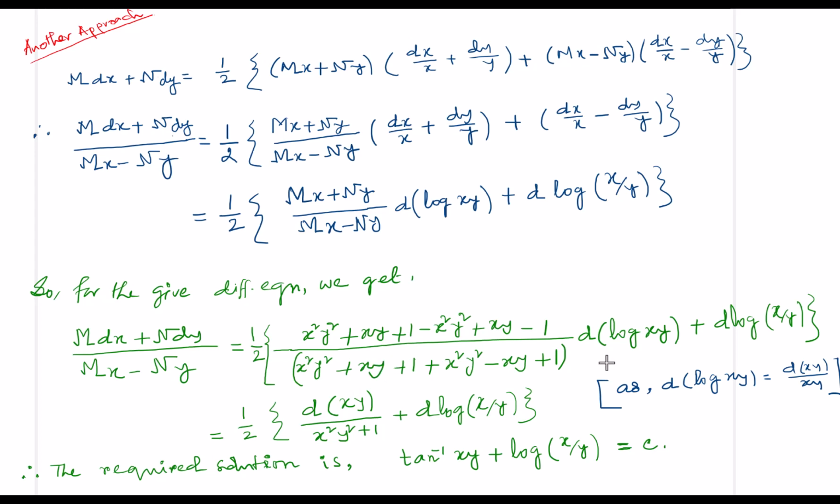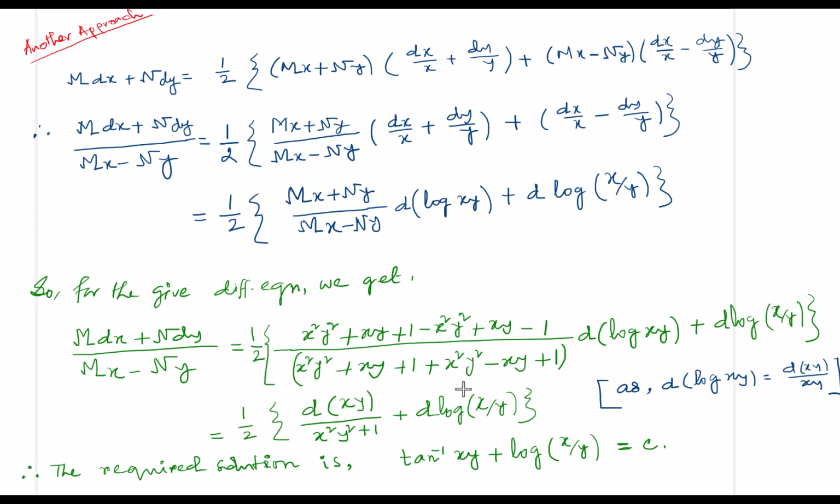Now you see d log xy can be written as dxy by xy. So we put it here, and in the numerator there will be an xy term that will be cancelled out, and we finally get this: dxy by x square y square plus 1 plus d log x by y.